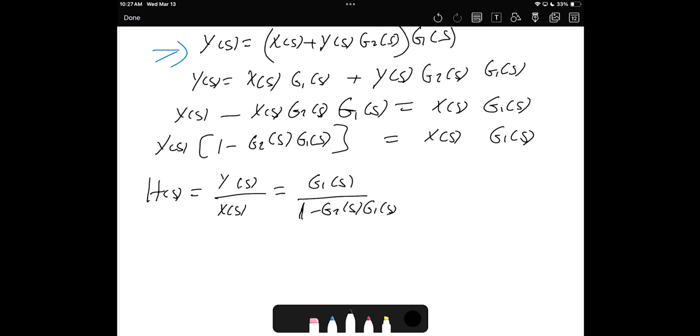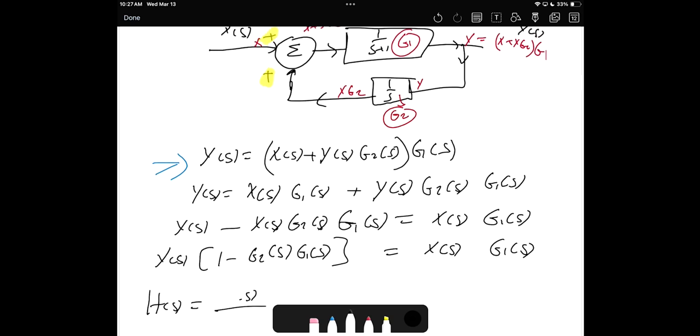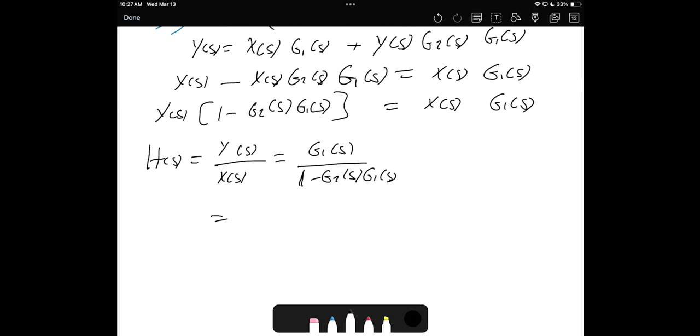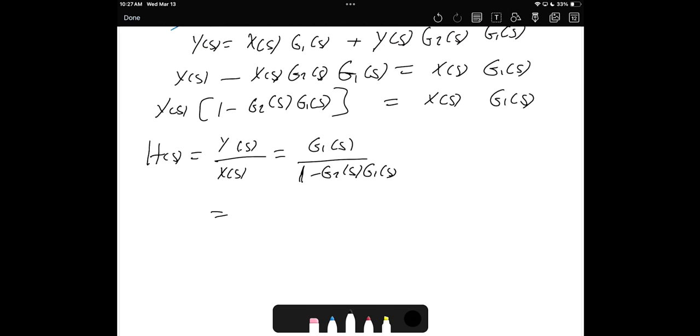Substitute g2 and g1. g1 is equal to 1 over s plus 1, g2 is 1 over s. So 1 over s plus 1 divided by 1 minus 1 over s plus 1 and 1 over s. Okay? Now, we can multiply each term by s plus 1.